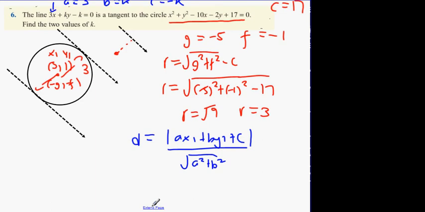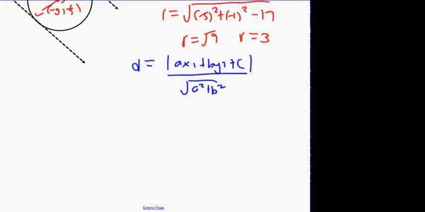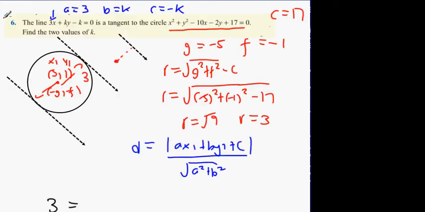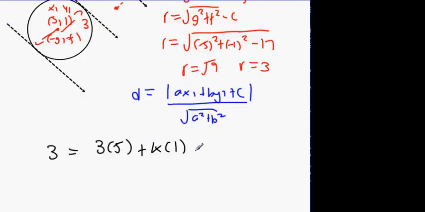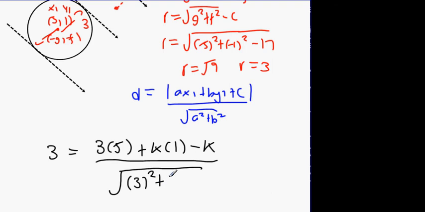We do exactly the same thing as last time. D is 3. What does say A and B were again? 3 times 5 plus k times 1 and c is minus k, all over the square root of a squared, which is 3 squared plus k squared.